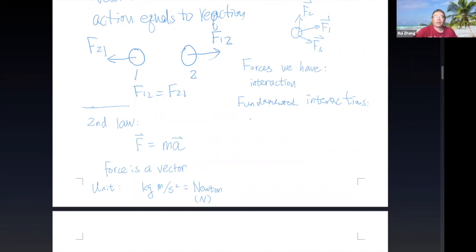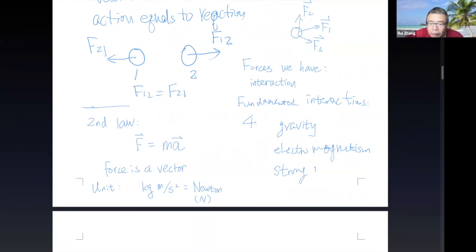Okay, there are actually just four kinds of fundamental interactions, and they are basically gravity, and then we have electromagnetism, and then we have strong interaction.